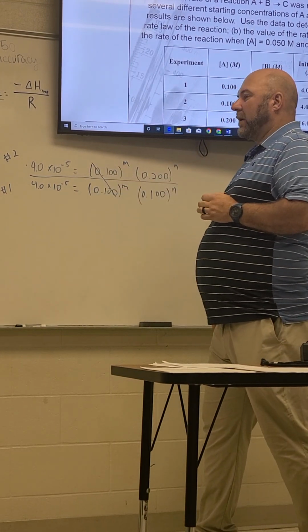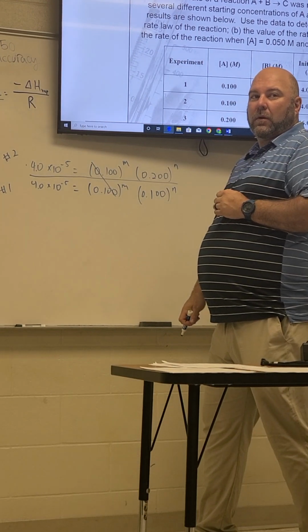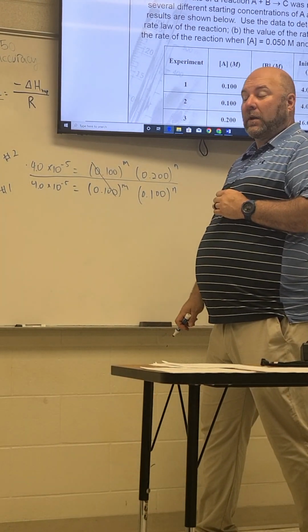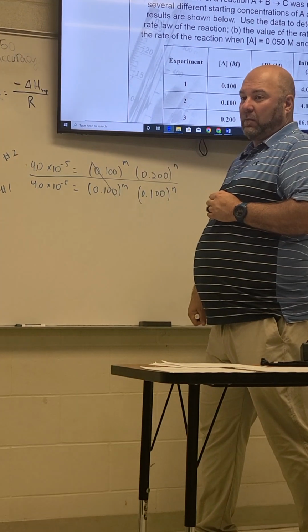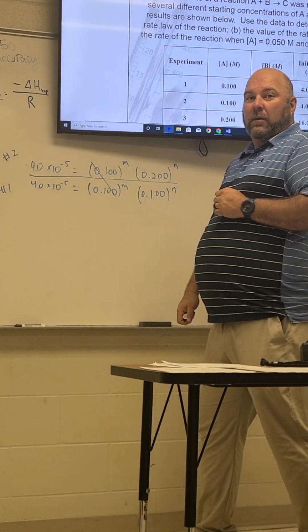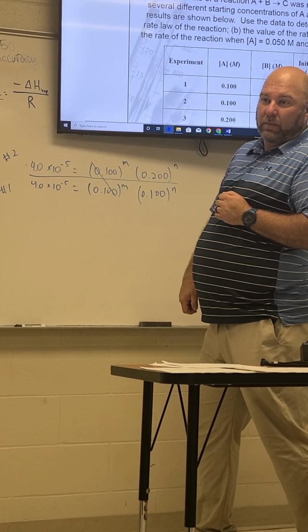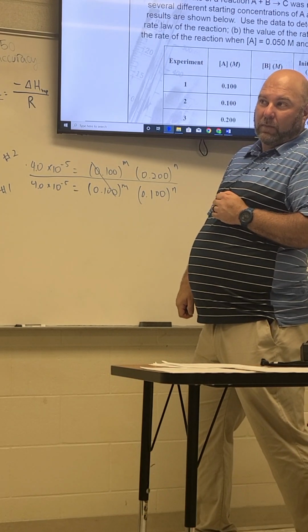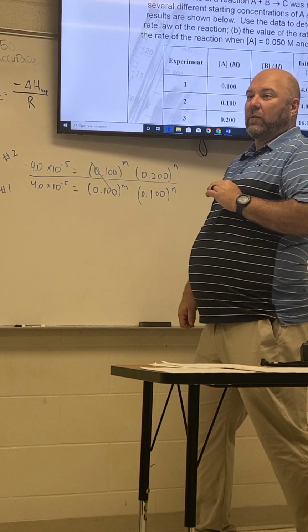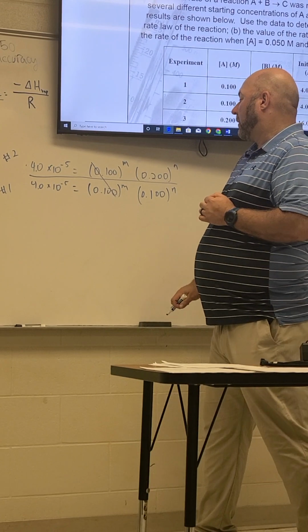Because those are the same concentrations, that is equal to 1, and it doesn't matter what M is right there, because if that's 1, then we've taken care of it.